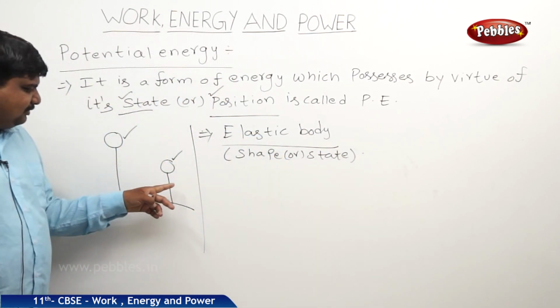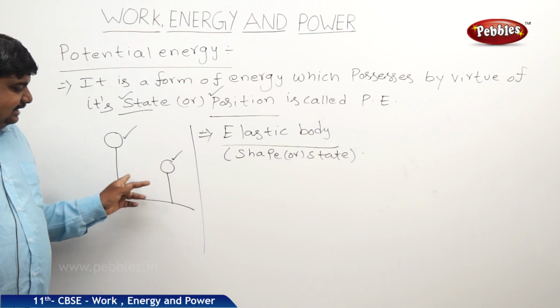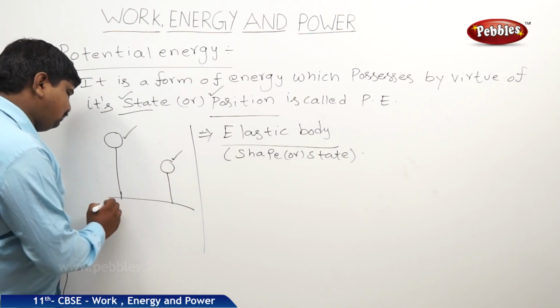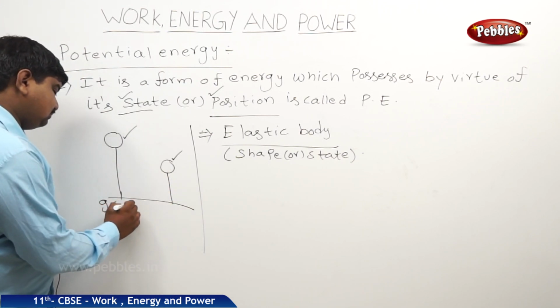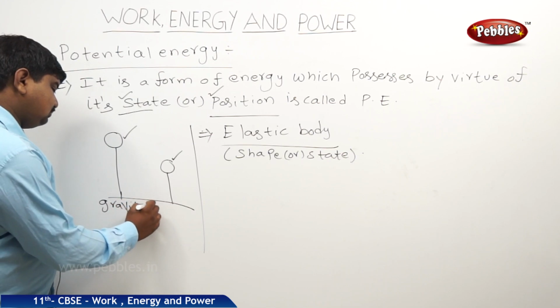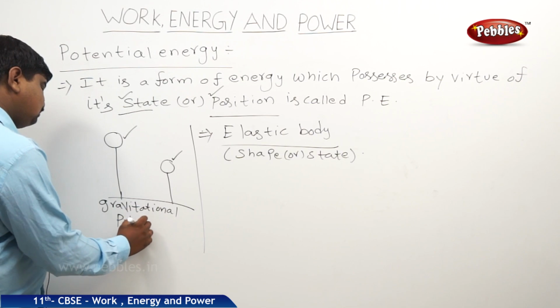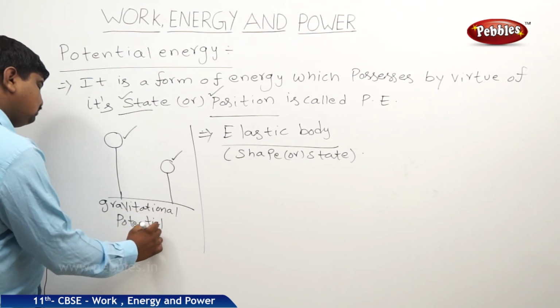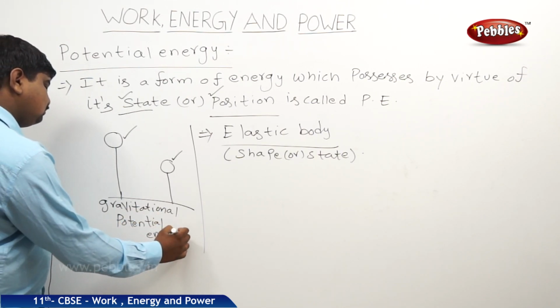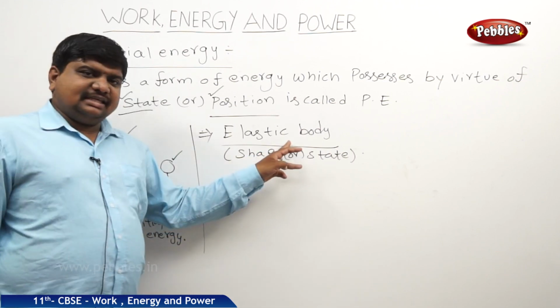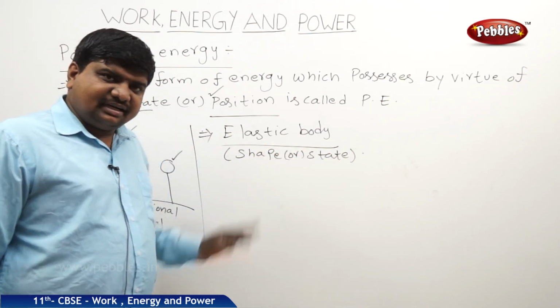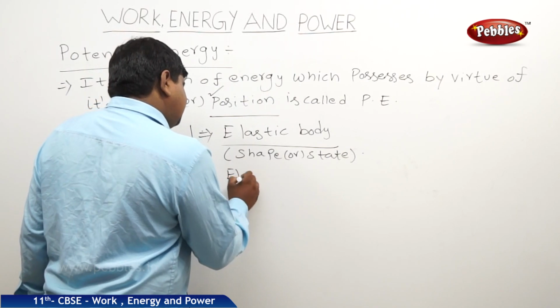If it is with respect to the position, this energy is called gravitational potential energy. If this is with respect to the shape or state of the body, this is said to be elastic potential energy.